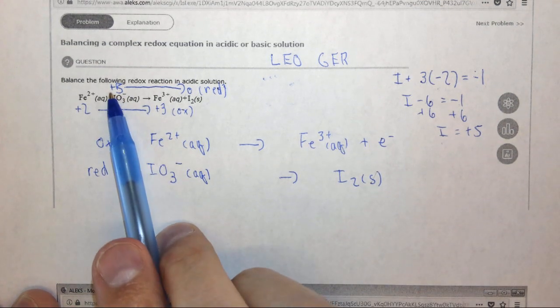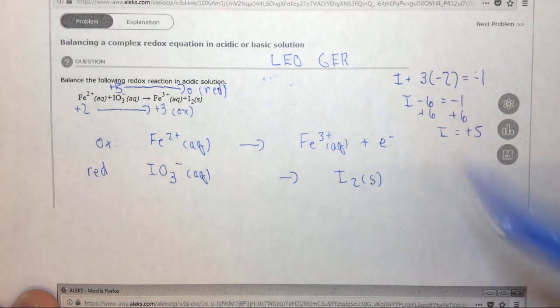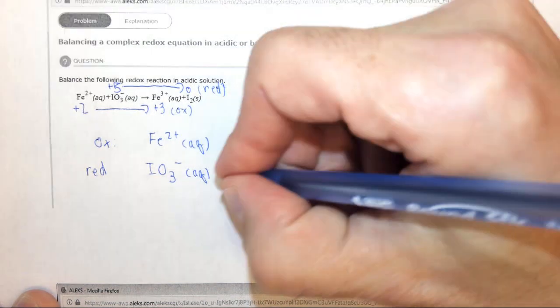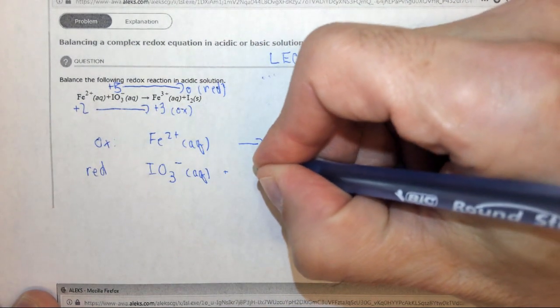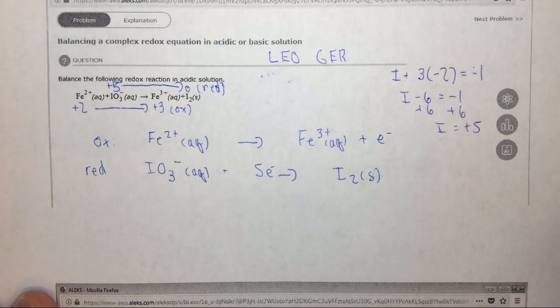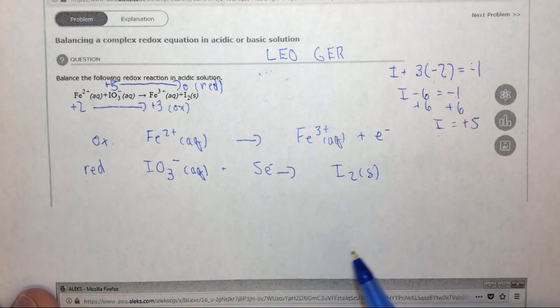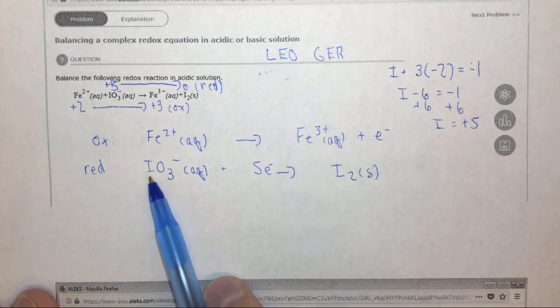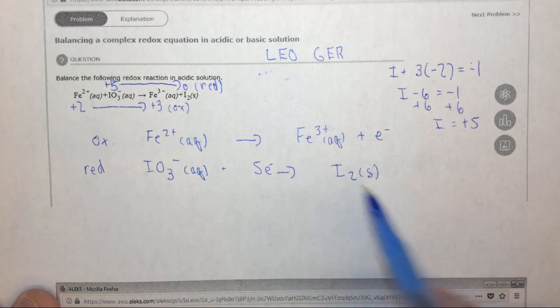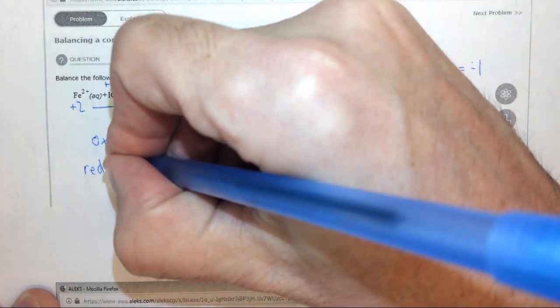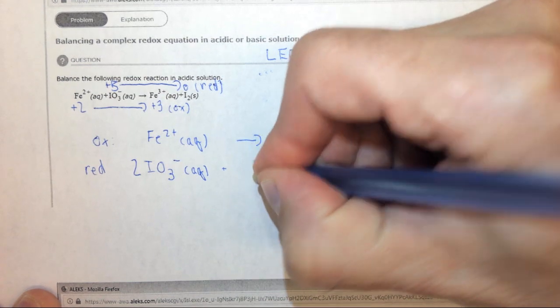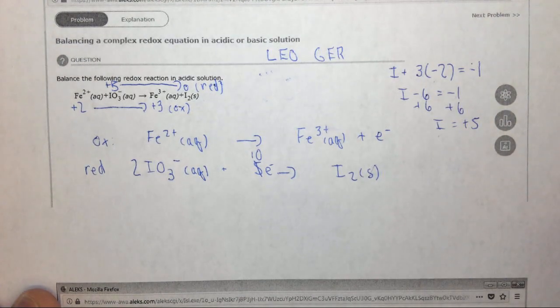Well, if it went from plus 5 to 0, then we have transferred 5 electrons. So we need to add 5 electrons to this. Now, when we notice this, we notice that there's 1 iodine here and 2 iodines here. So we do need to make 2 of these, and then that'll make 10 electrons.